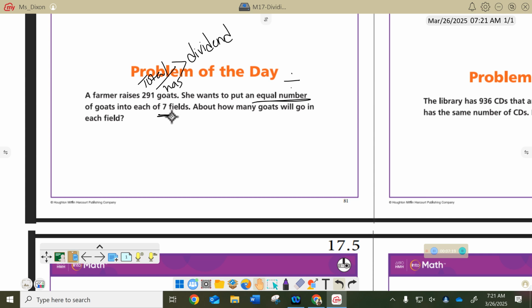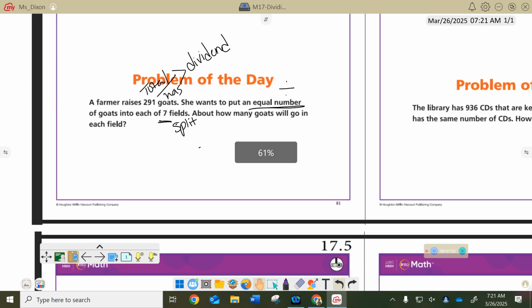She is separating them into 7 fields. However they're being separated or split is going to be our divisor. But the key word in this problem is about.